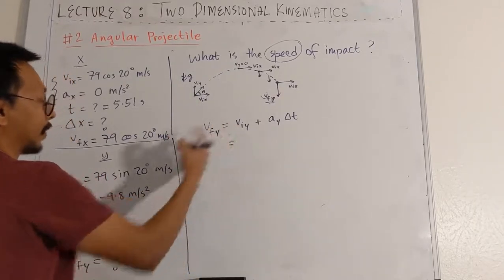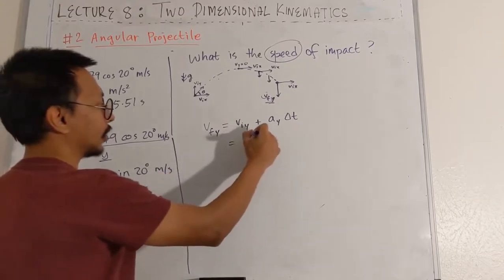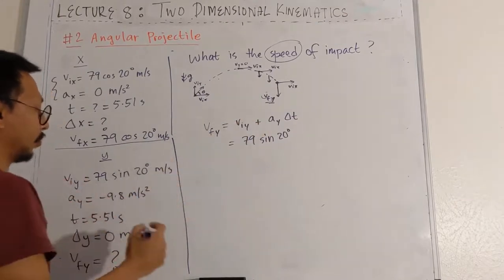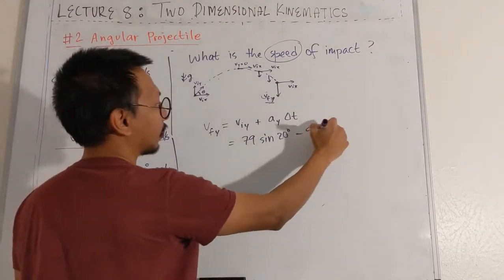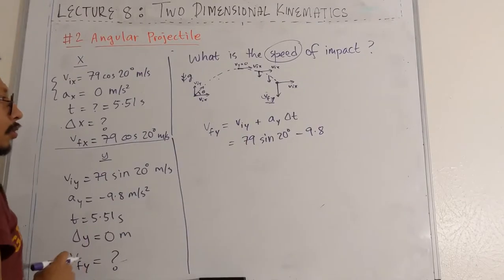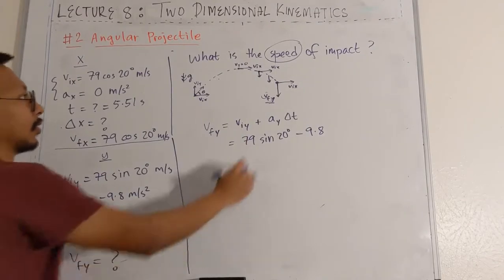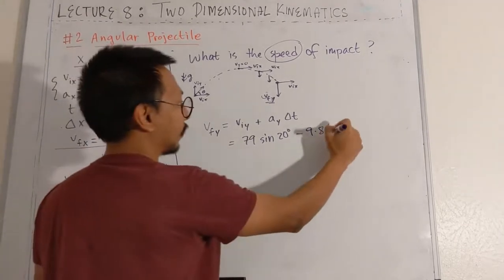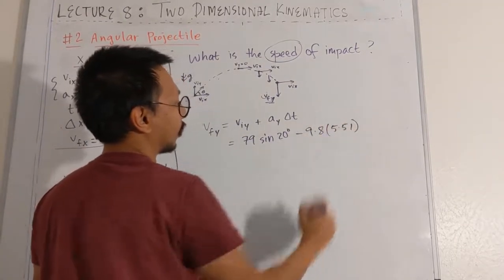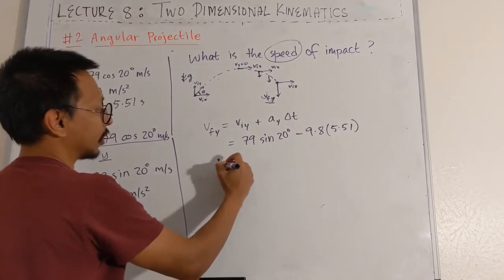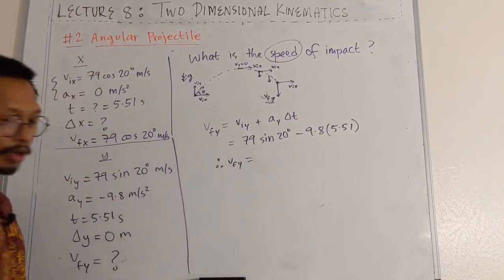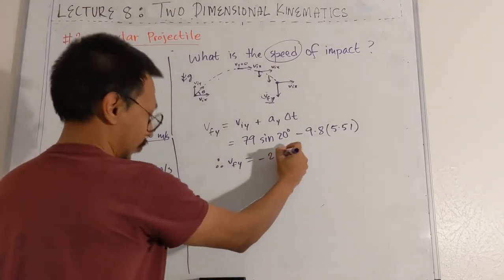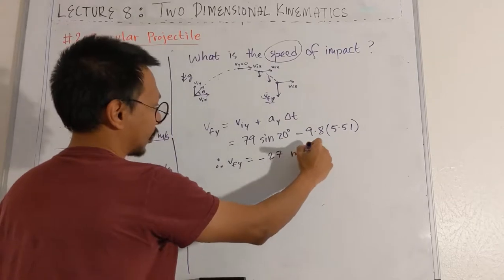This is viy is 79 sine 20 plus ay, which is negative 9.8, times delta t, which is the time taken to get to here. So we have found the time of flight to be 5.51 already. Okay, so this gives me the y component of the final velocity, which is negative 27 meters per second.